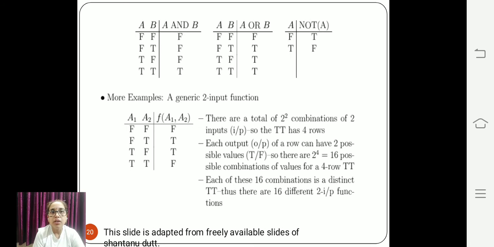I will discuss further; this is nothing but an introduction part. I will start the logic operations and logic gates afterwards. A and B I have taken as false false, false true, true false and true true. Like this I will take the selection.